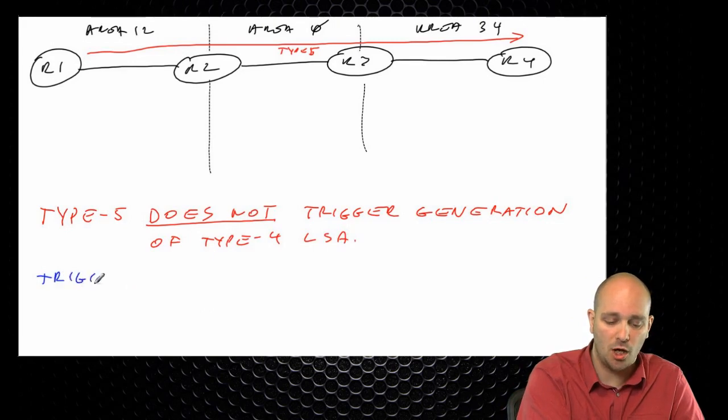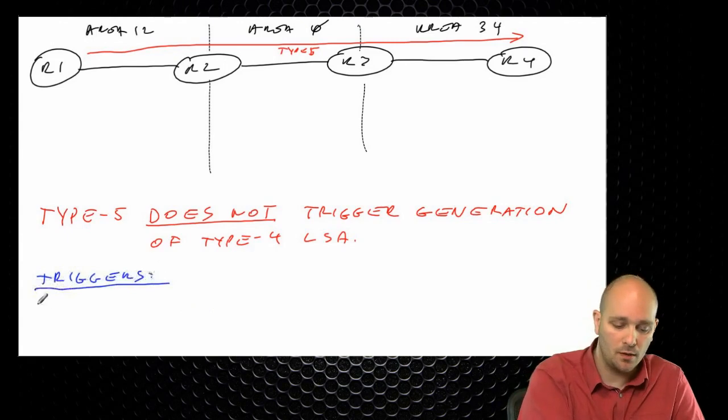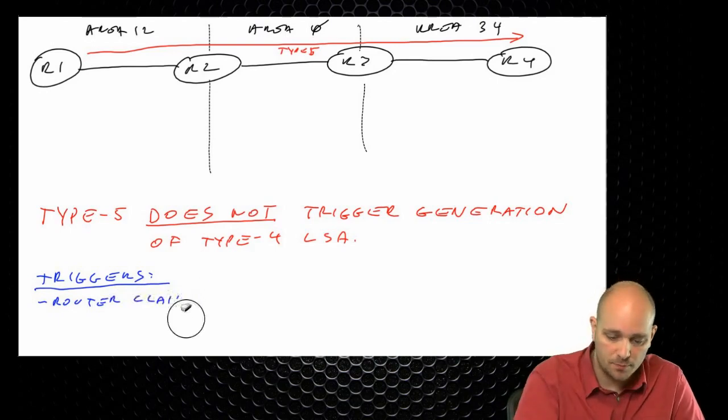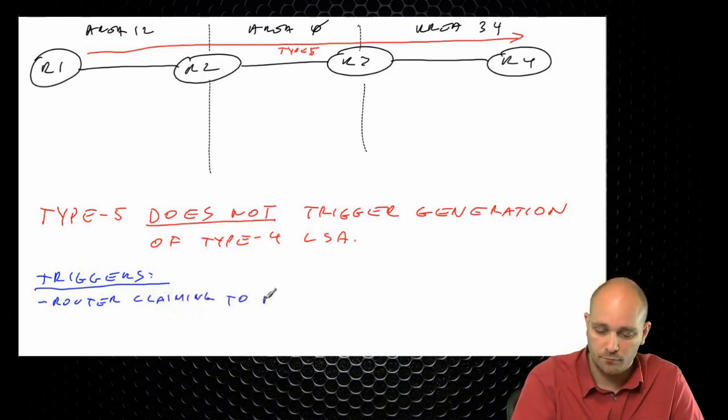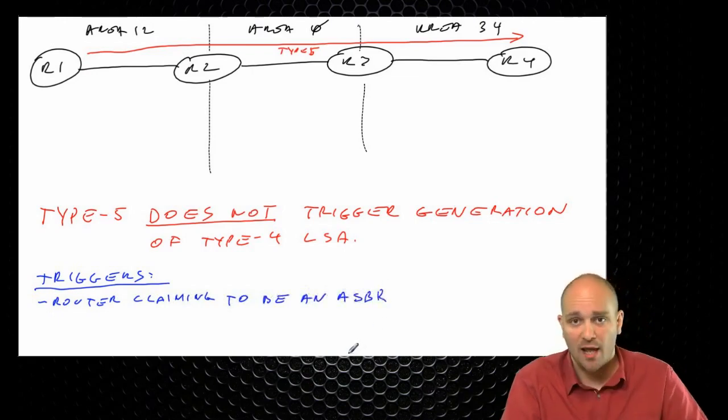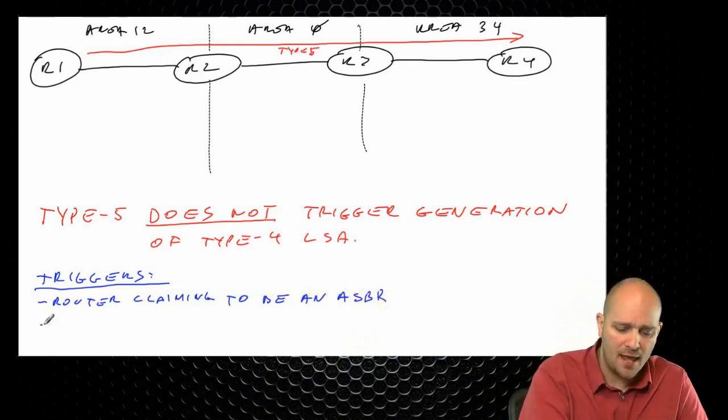Those are router claiming, spelling mistake, sorry about that. So if the router claims to be an ASBR, an ABR will trust it about it. And the second is type 4 LSA.